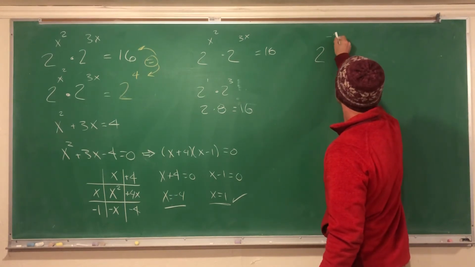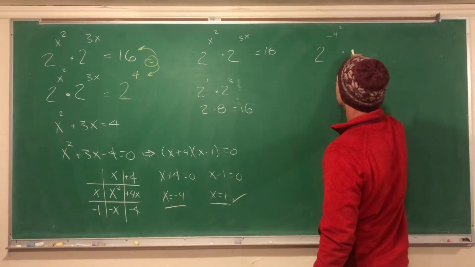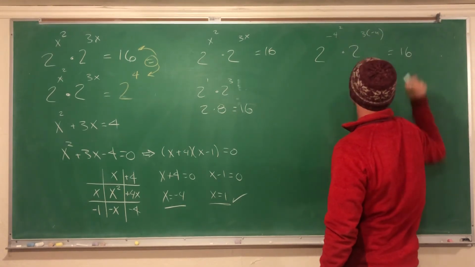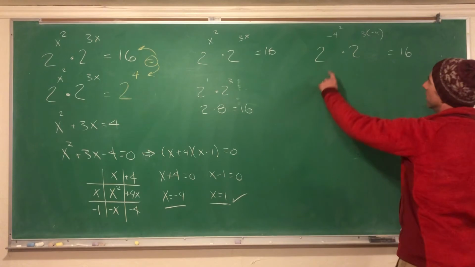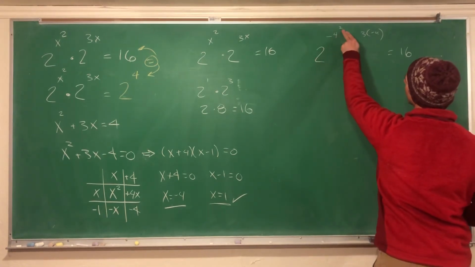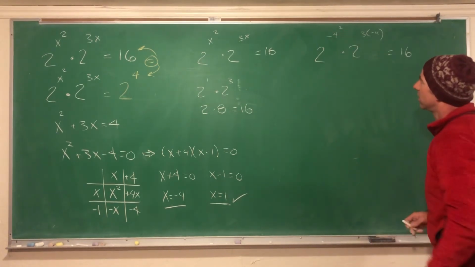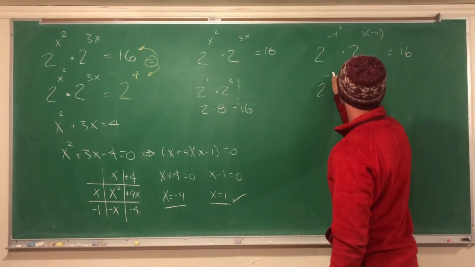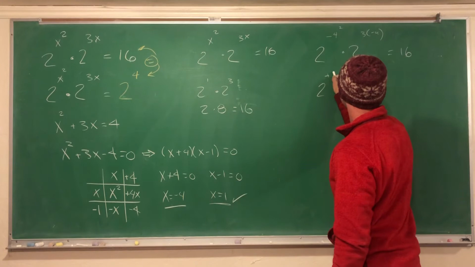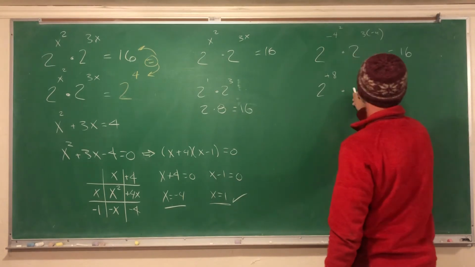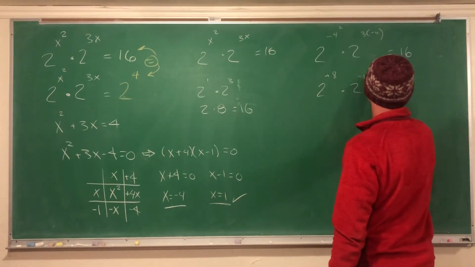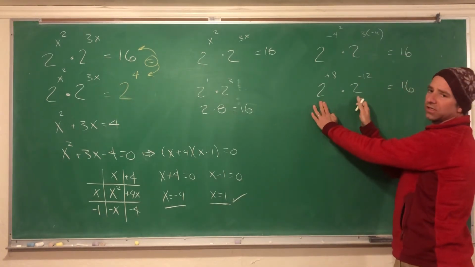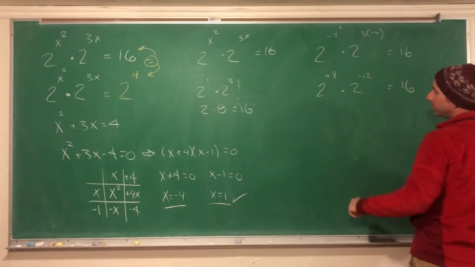2 to the negative 4 squared times 2 to the 3 times negative 4 equals 16. Because these are the same base, I add the exponents.